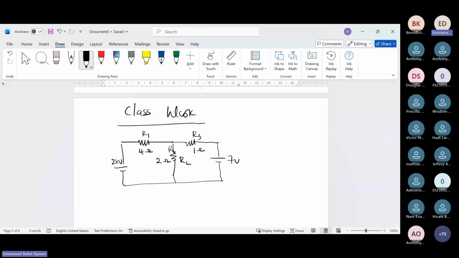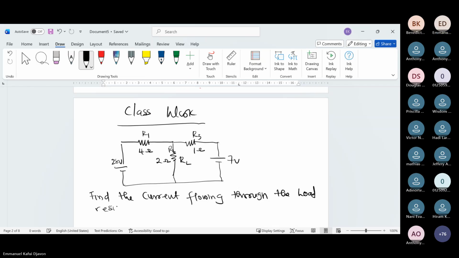So find the current flowing through the load resistor RL. Please, you can start work now.